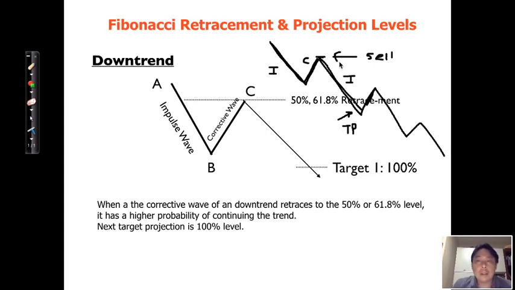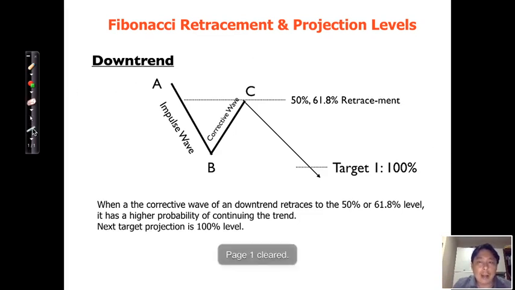All right? So again, how would we know that is the end of the correction? Again, we can't be sure for certain, but we use Fibonacci retracements to find the highest probability of the end of the correction. So we can sell right at the top of the correction. So again, we identify the pattern. A is the start of the impulsive wave.